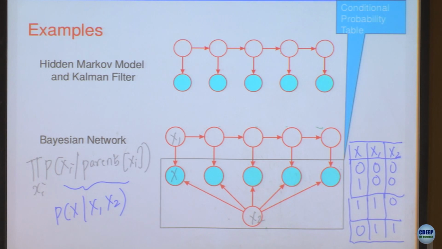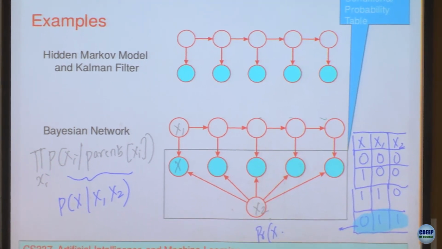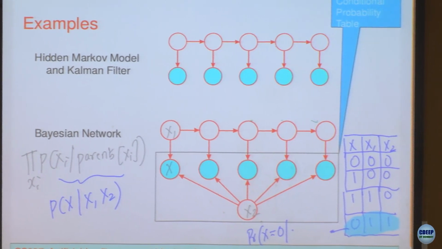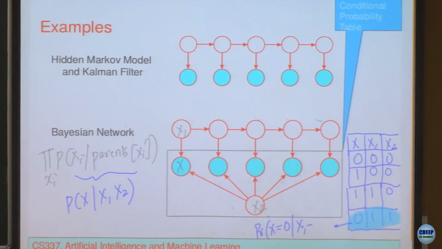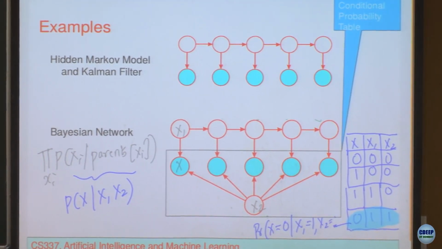Now each entry here you can associate a probability with. Let us take this example here. You can associate a probability with this, which is the probability of X equals 0 given X1 equals 1, X2 equals 1.